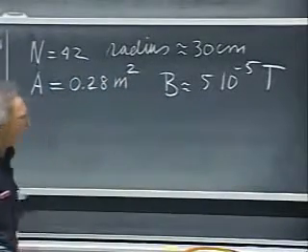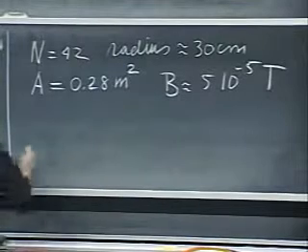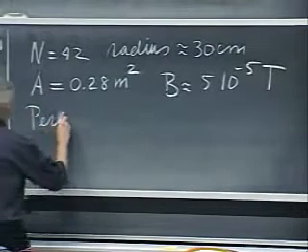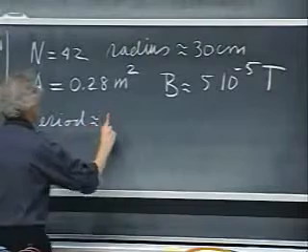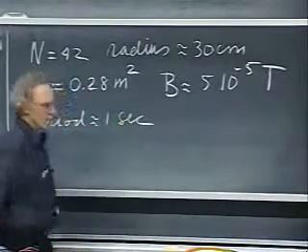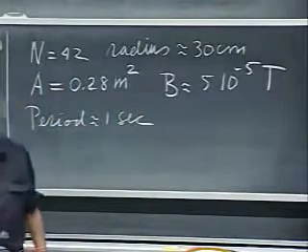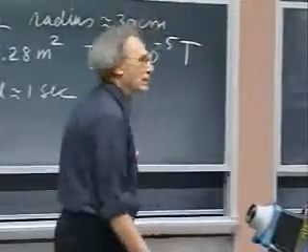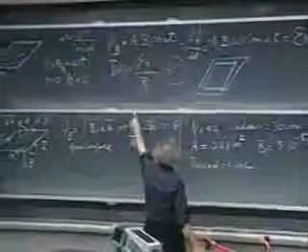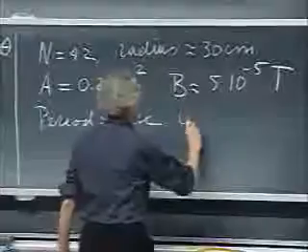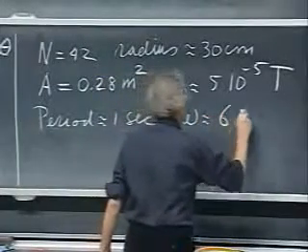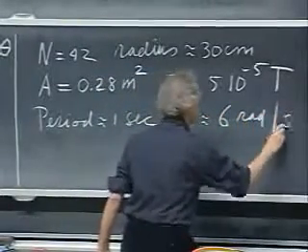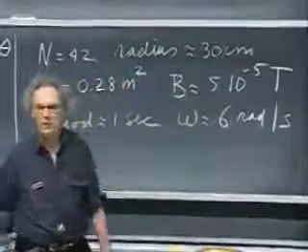And I'm going to rotate it around with a period of about 1 second. That means omega, 2 pi divided by the period, is then about 6 radians per second. 2 pi, I call that 6 for now.